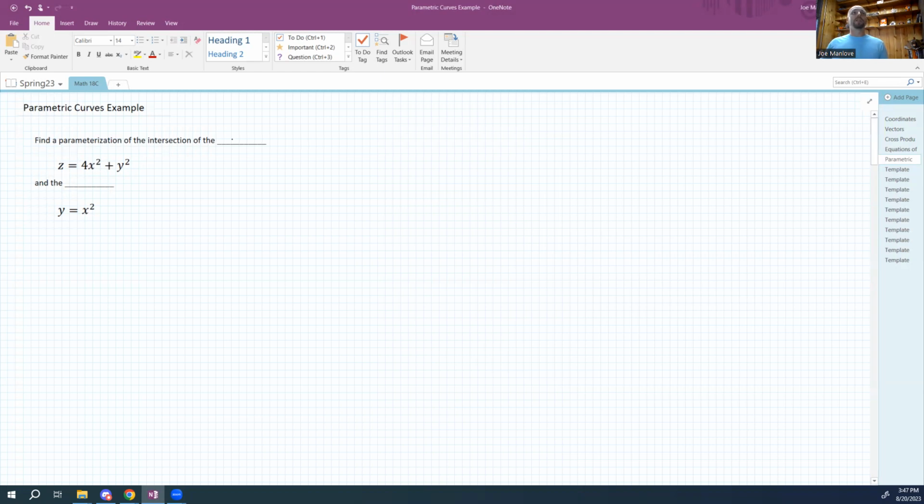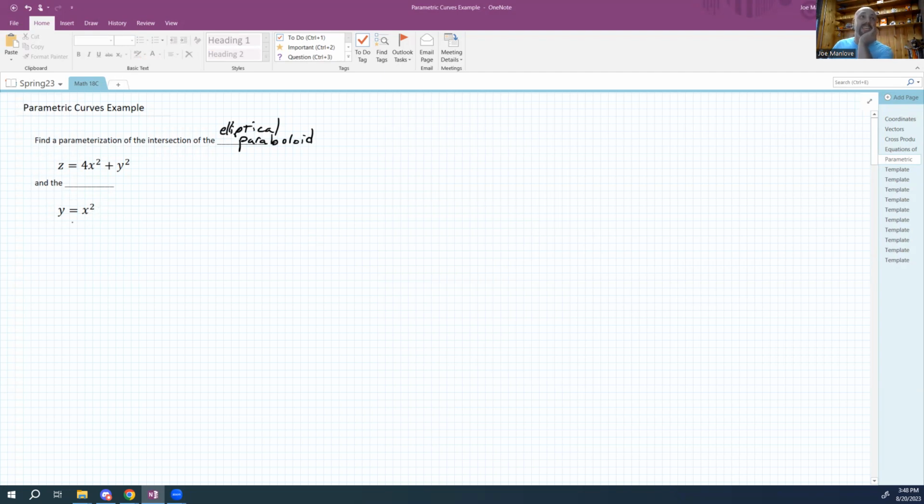So this would be an elliptic, so this is an elliptical paraboloid. Oh wow, so many letters. Paraboloid.